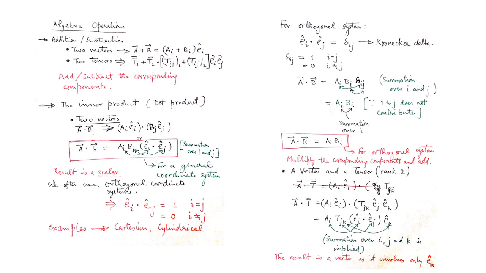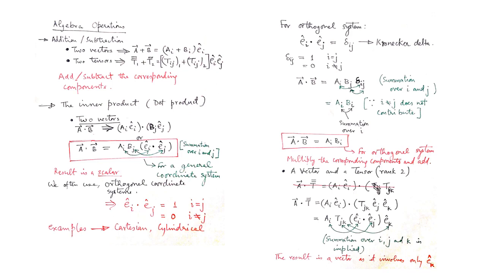Now you will notice in this expression that I am explicitly showing the repeating indices because it's important to track them so that we can open out this expression correctly, because we need to know which index is involved in the summation. So i is repeating, j is repeating, and k is also repeating. It means that I have to sum over three indices, i, j, and k. And this summation is implied; we are not explicitly writing it.